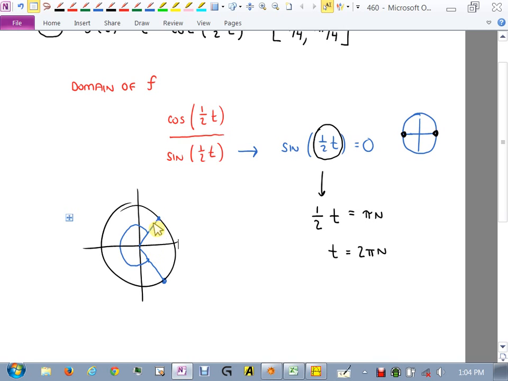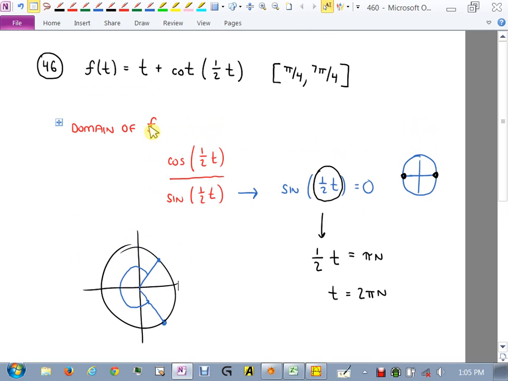I'm looking only in this interval. In that interval, do I ever hit a multiple of 2 pi? No, I do not. Do you all understand that? So do I have any domain issues? No. Therefore, this is a continuous function on this closed interval.